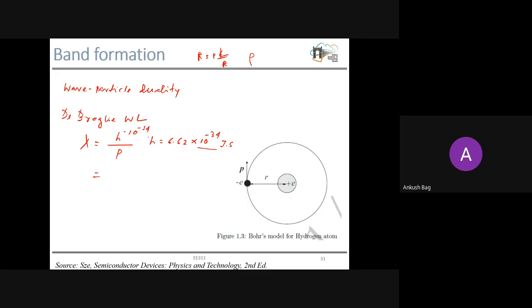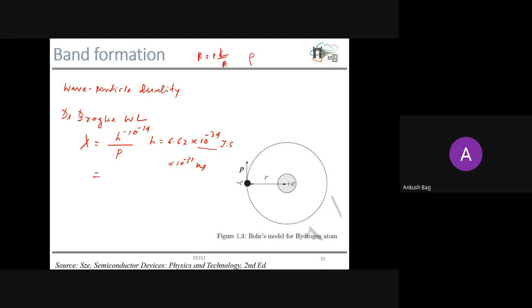But this situation will change when we consider the electron or other subatomic particles. The electron has a mass of about 10 to the power minus 31 kg. When you divide Planck's constant by the electron's mass times some velocity, it will give another value.